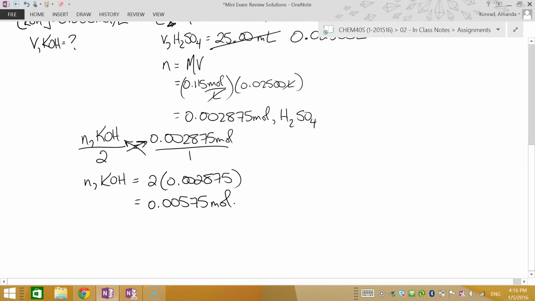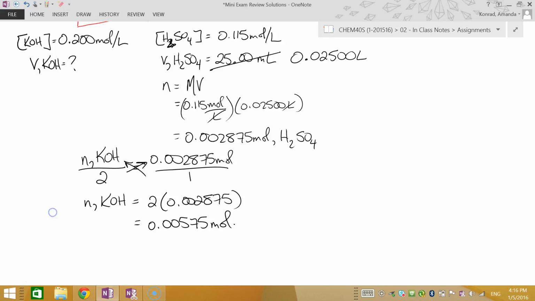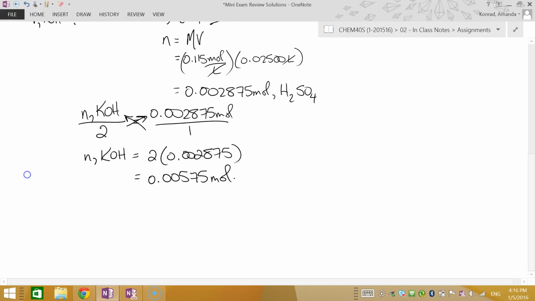Now that I have the number of moles of potassium hydroxide and I have the concentration, I can calculate the volume using a very similar formula to the one I used up here.